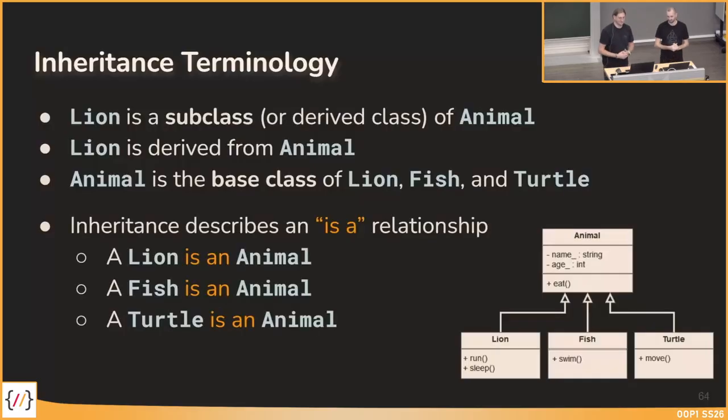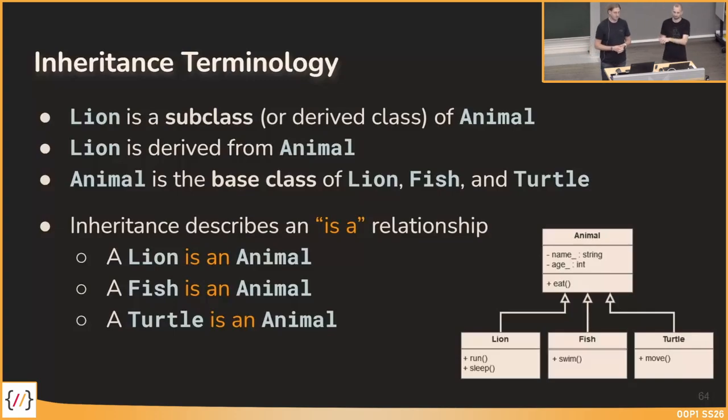So inheritance describes an is-a relationship. A lion is an animal. A fish is an animal. It does not work when it's similar or when it contains something. So a wheel is part of a car, but it is not a car, obviously.